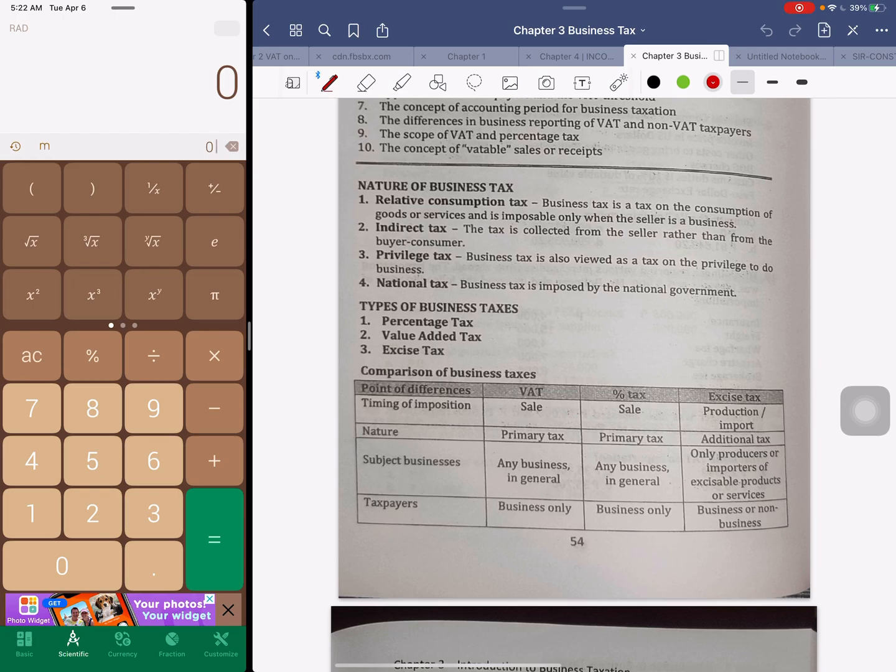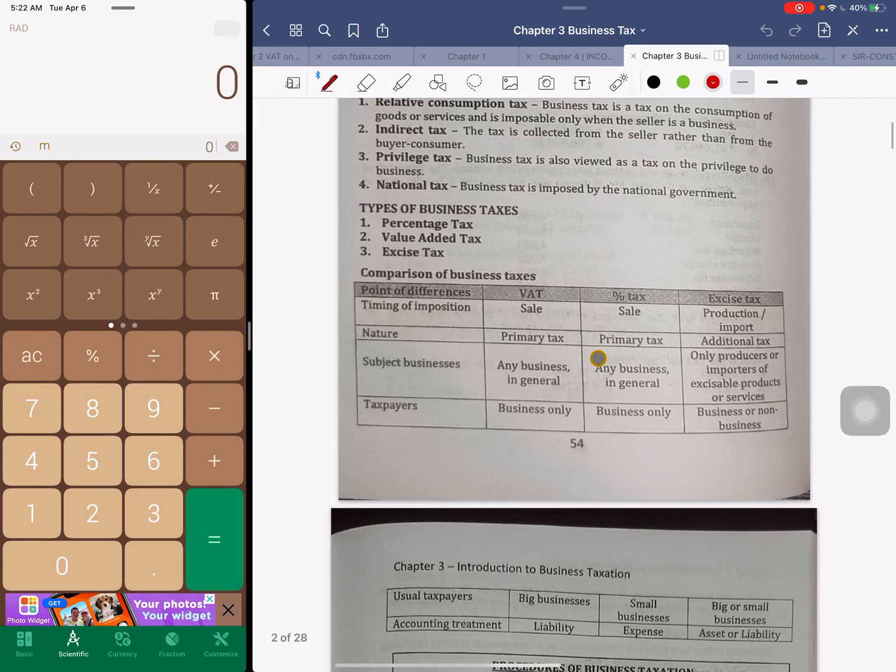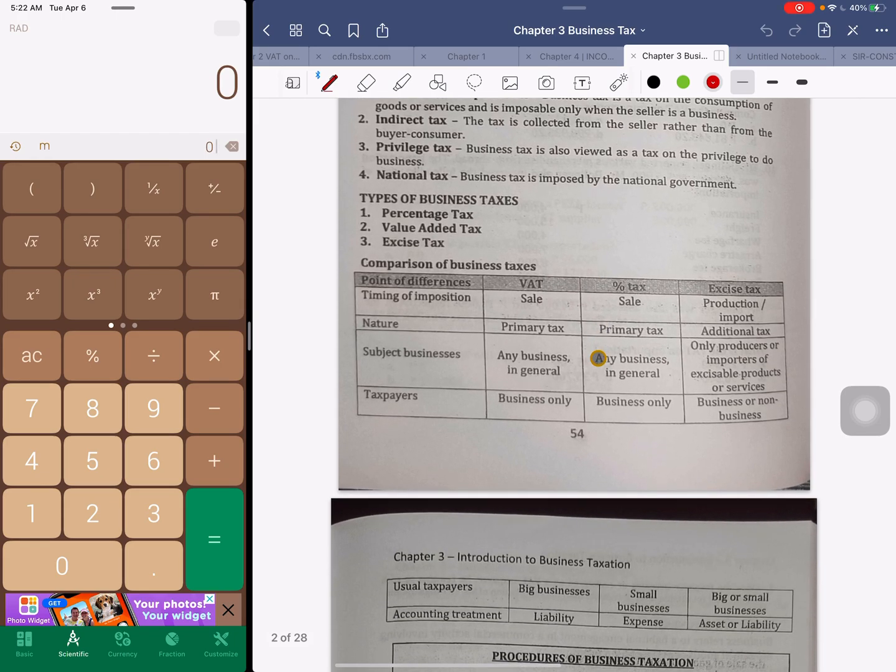However, yung excise tax, no, it is another type of business tax wherein pwedeng sumama ito sa number 1 or sa number 2. So, pwede yan, may percentage tax ka at meron ka ng excise tax, and also pwedeng meron kang value added tax and meron ka ring excise tax, no? So, pwede mapagsabay kapag excise tax yung pag-uusapan.